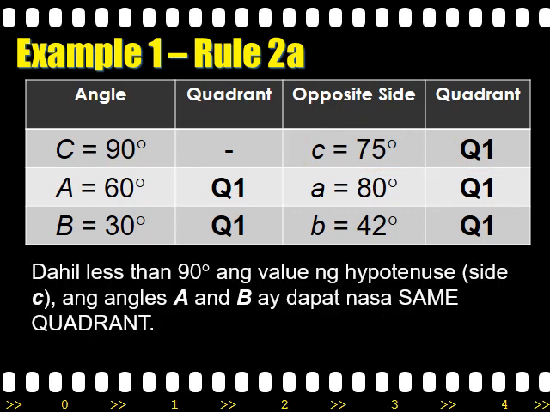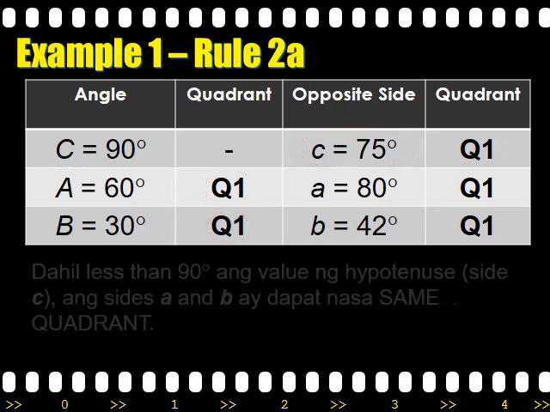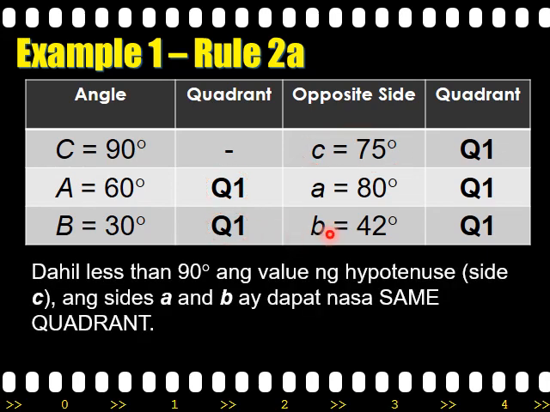Okay, so dahil less than 90 degrees ang value ng hypotenuse, so same angle si A and B. Kaya kung makikita natin dito, parehas silang nasa quadrant 1. Now, dahil less than 90 degrees na rin ang value ng hypotenuse, ibig sabihin yung dalawang sides natin na A and B, dapat nasa same quadrant din. So, in this case, parehas silang Q1.